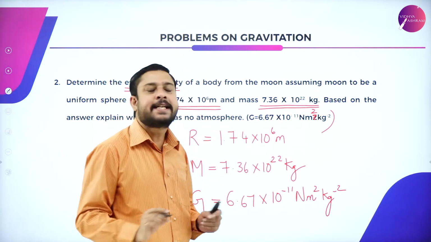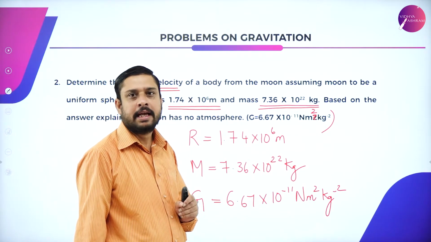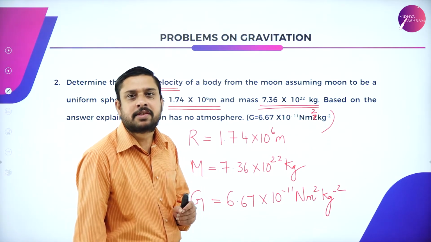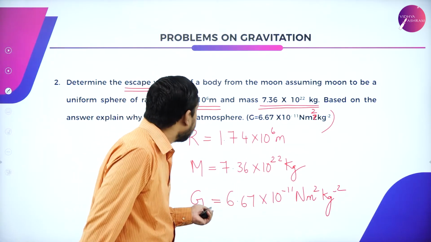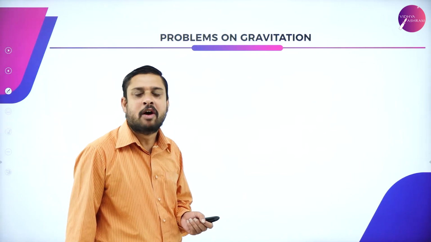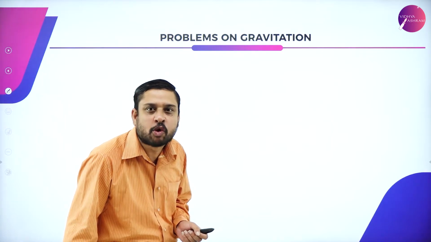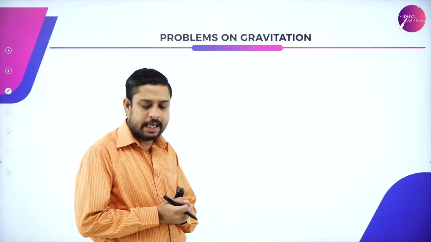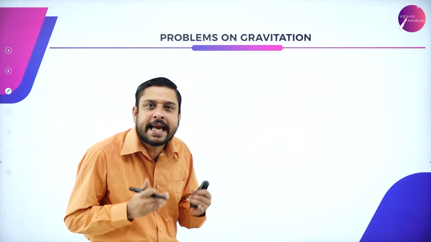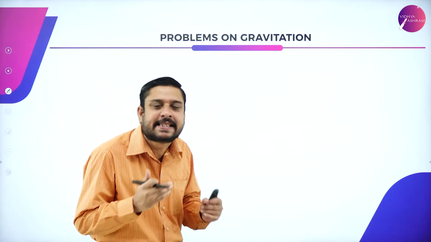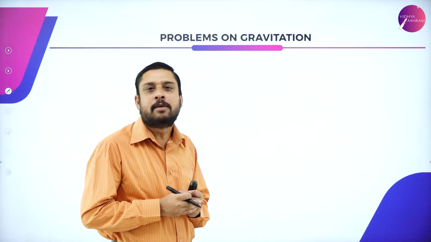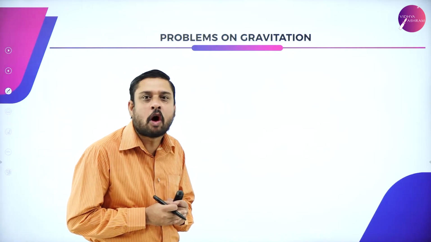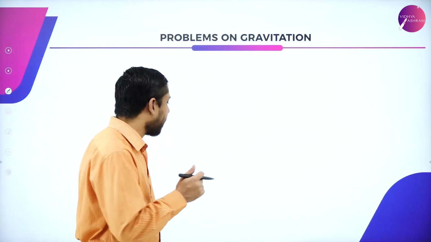Now, with this data given, I have been asked to calculate the escape velocity on the surface of the moon. How do I express escape velocity in terms of mass and radius?